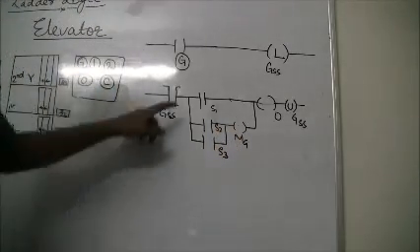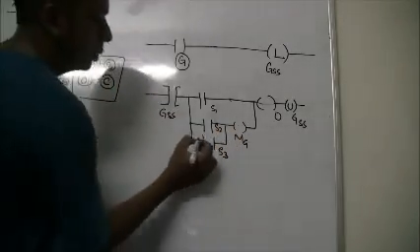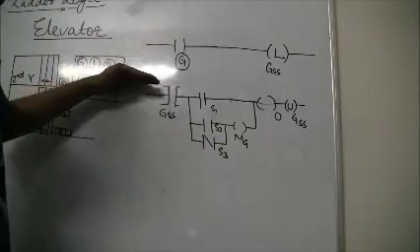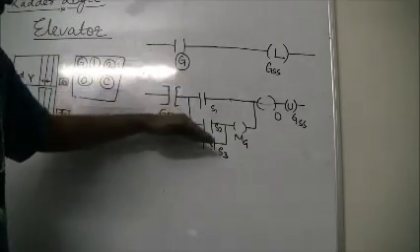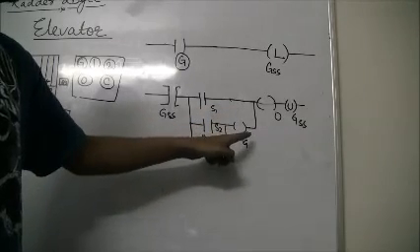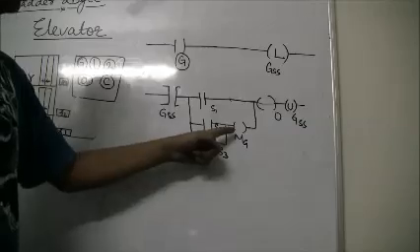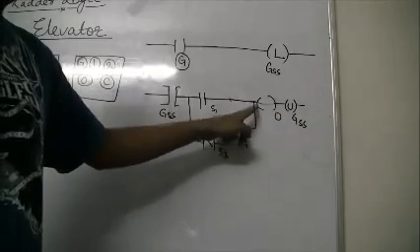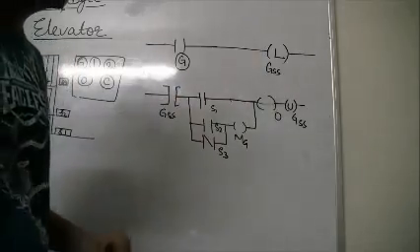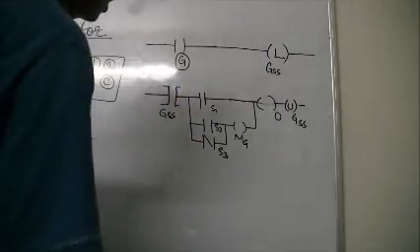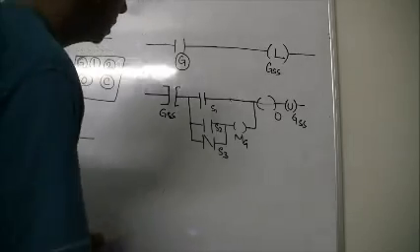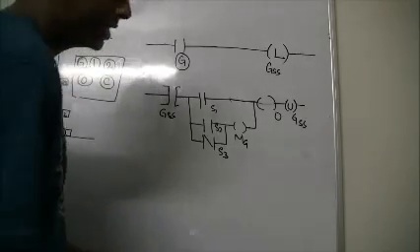So if the elevator is at S3, this sensor would close, right? And the energy would flow this way. It would go to MG, bring the people to the ground floor, and then open for 10 seconds, and then unlatch GSS, right? And a similar setting can be done for the first floor and the second floor.